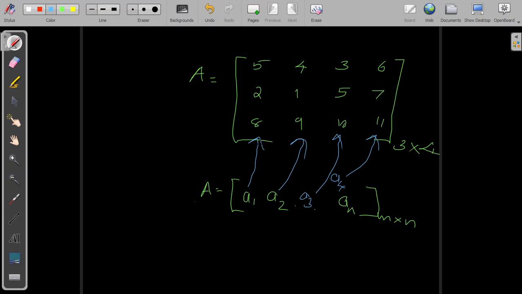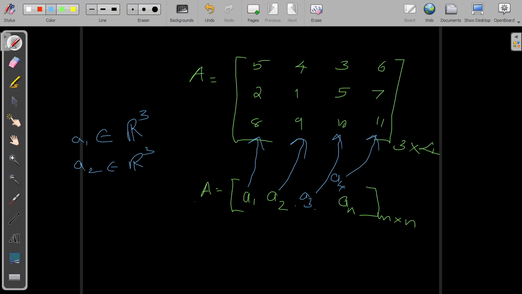So A1, A2, A3, A4 are vectors which belong to the set of all ordered triplets. That is, A1 belongs to R3, A2 also belongs to R3, similarly A3 and A4 also.